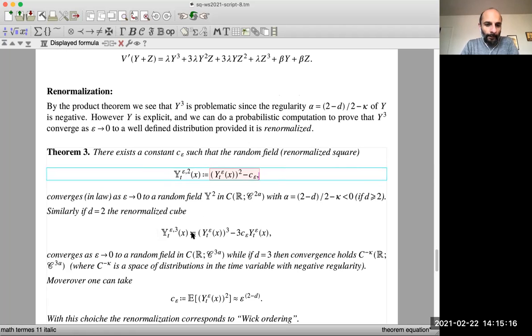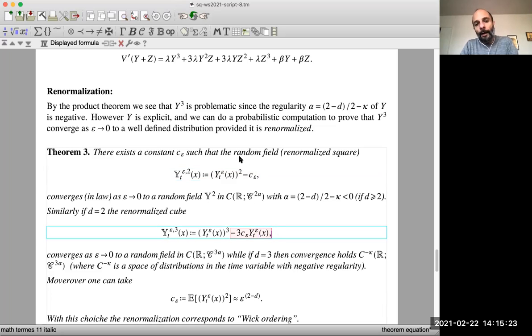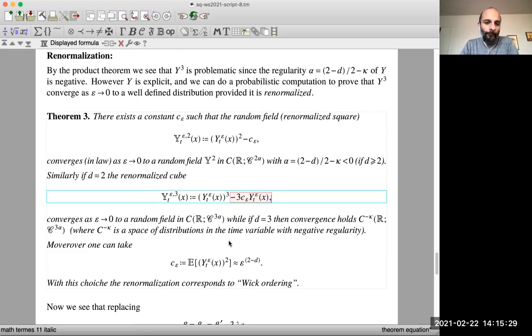For the cube, it's more difficult. In 2 dimensions it will be the same also for the cube, but you have to subtract different quantities, and how you determine what you have to subtract is not the matter for today's lecture. I don't think it's very important to understand the global picture. So you just know that you have to subtract something, and then it's well defined. In 3 dimensions, it's trickier.